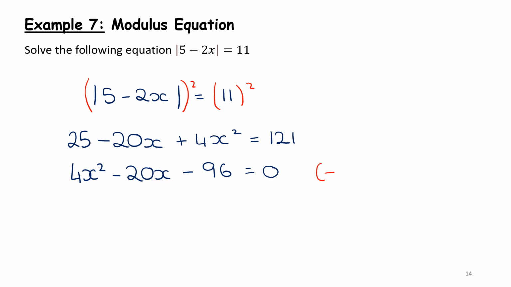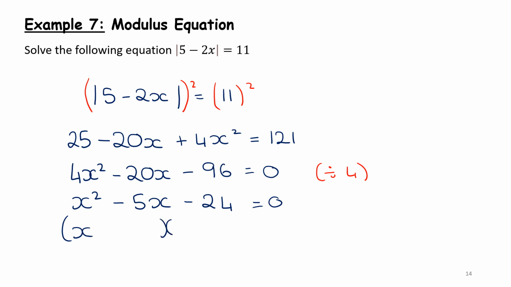And there is definitely a common factor here of 4. You don't need to simplify it, but remember, factorizing will be so much easier if you do. So this gives me x squared minus 5x minus 24. So now the factors of 24 will give me 3 and 8, so plus 3 and a minus 8.